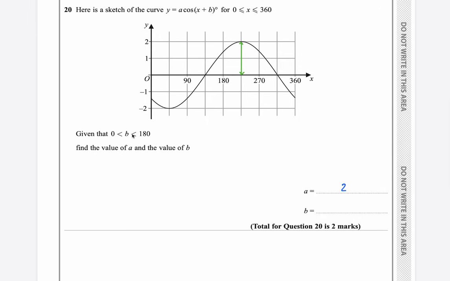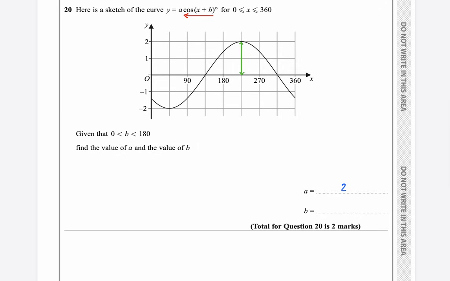So b is positive, which means that when you add b inside the brackets, what you actually end up doing is moving the graph to the left. So this is going to move my normal cos graph to the left.